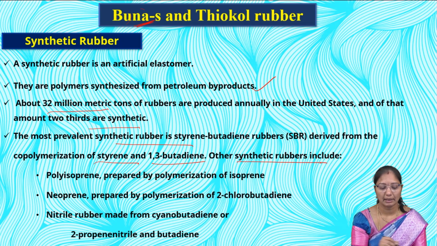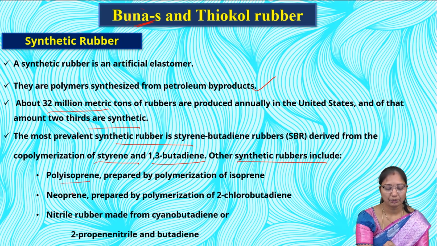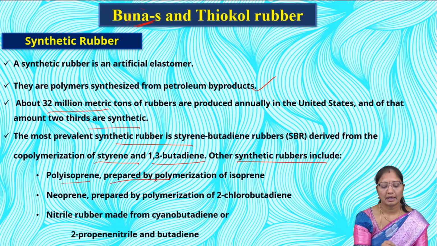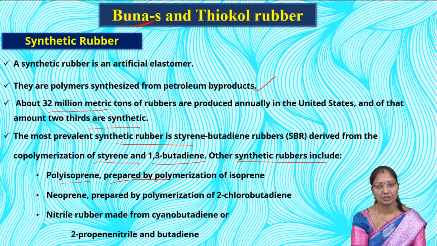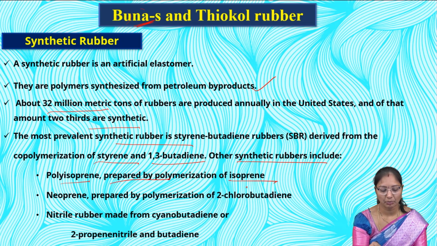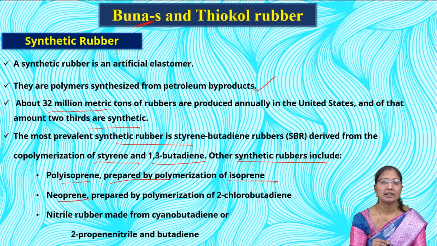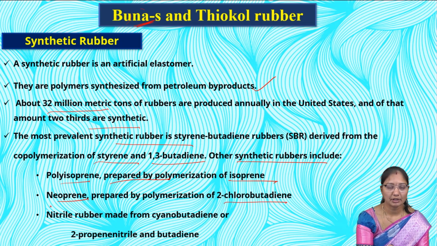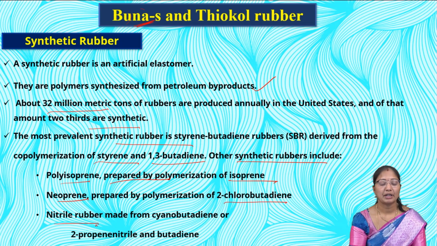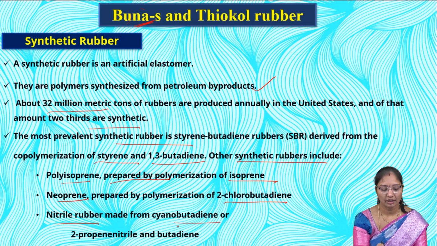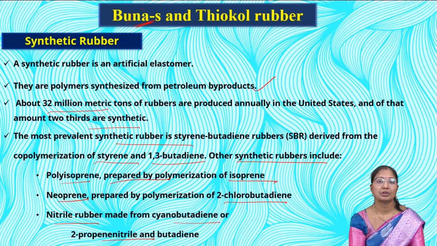Other synthetic rubbers include polyisoprene, prepared by polymerization of isoprene units, and neoprene, prepared by the polymerization of 2-chlorobutadiene. Nitrile rubber is made from cyanobutadiene, or 2-propyl-nitrile, and butadiene.